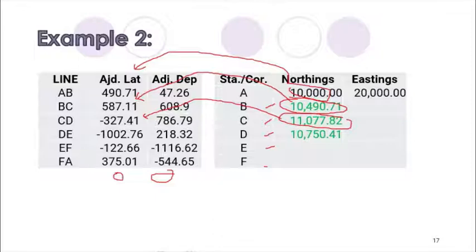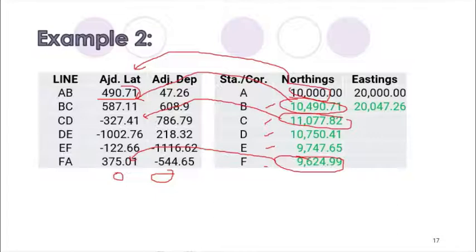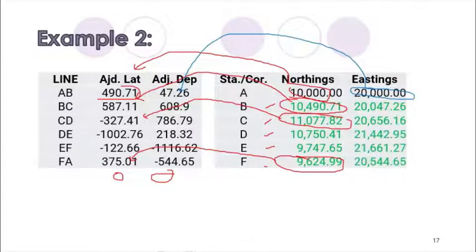So it's the same procedure. And then take note, this is station F, no? And then if you continue, then plus this one, it should go back to 10,000. Okay, so for the eastings, you have to do the 20,000, then plus this one, the adjusted departure, and then you have that one, and so on and so forth.